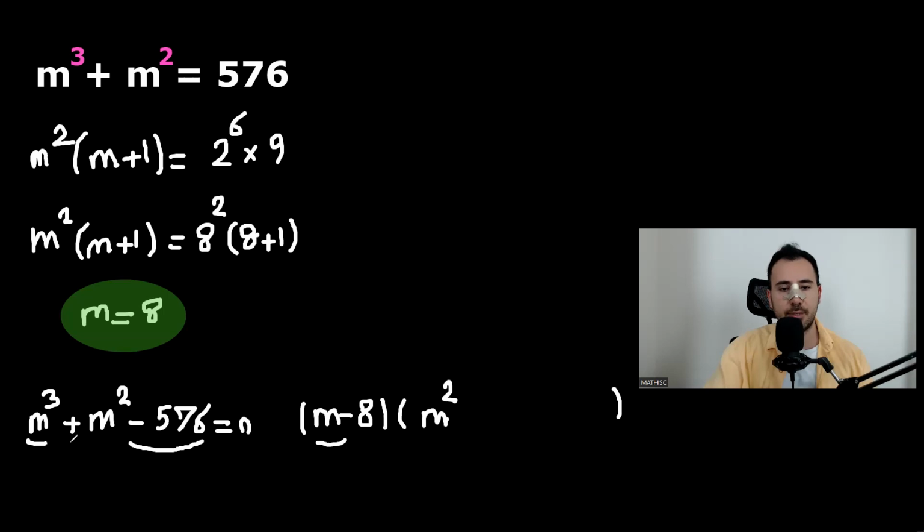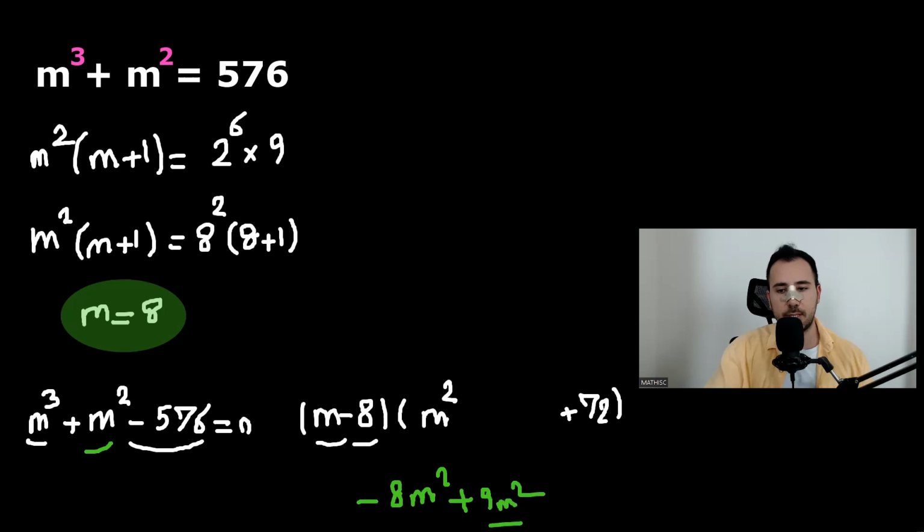And to get this -576, it is made of this -8 multiplied by +72, okay? And now we're going to create this m squared, okay? This 8 multiplied by this m squared will create -m squared. So to get this, we need 9m squared.